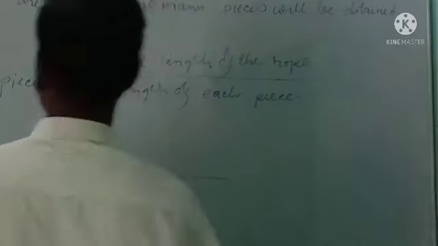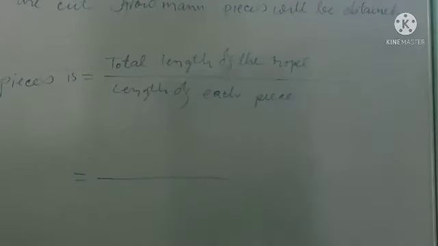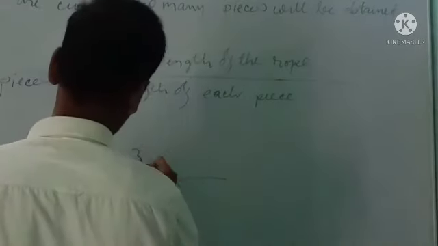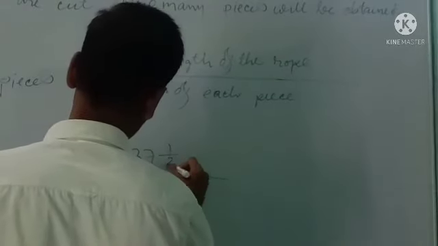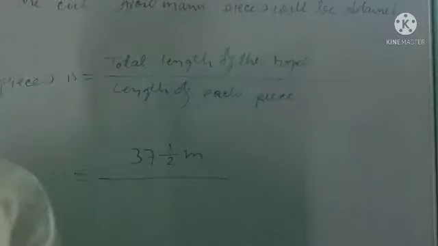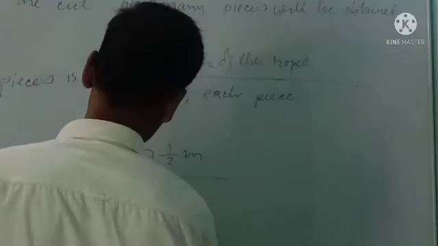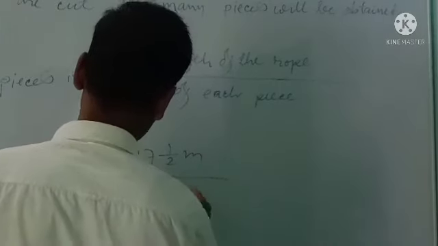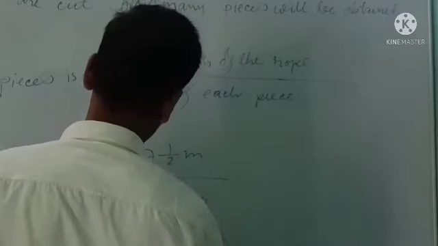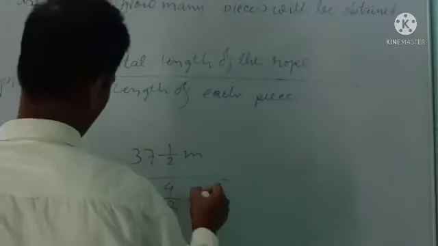Now see, the total length of the rope was 37.5 meter, and the length of each piece we got is 3 and 4 by 3 meter. Now see, this meter and meter cancel.